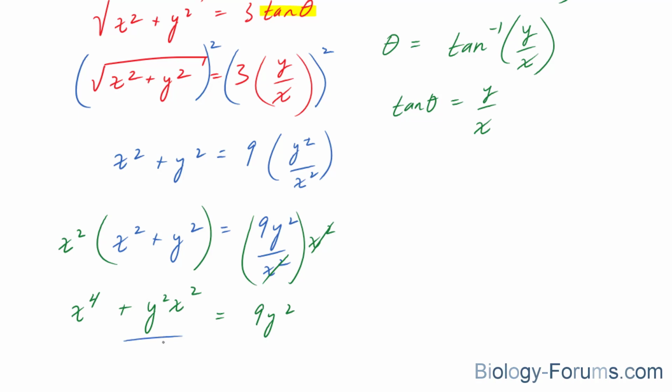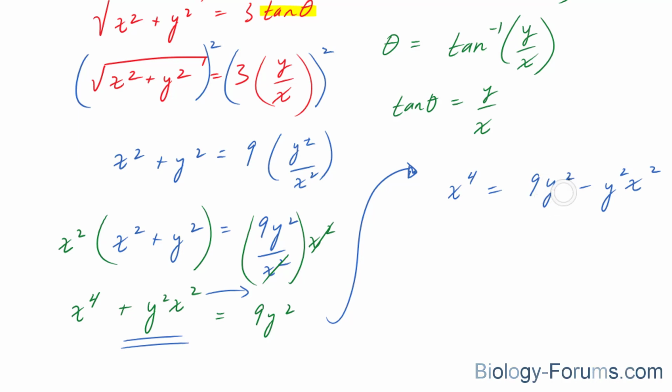Furthermore, we will take this term over, and I'm just going to continue my work up here. And we end up with x to the power of 4 is equal to 9y squared minus y squared x squared.